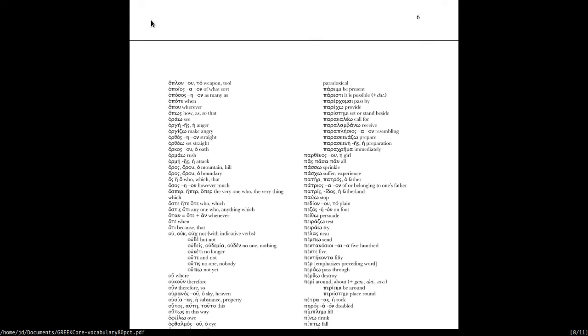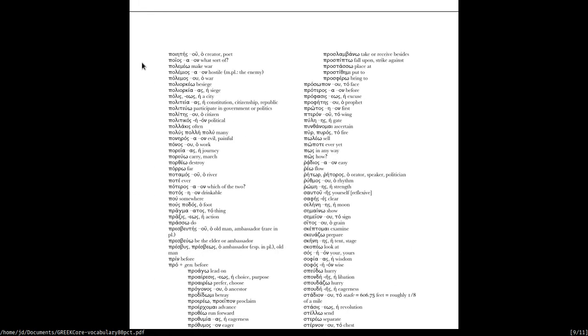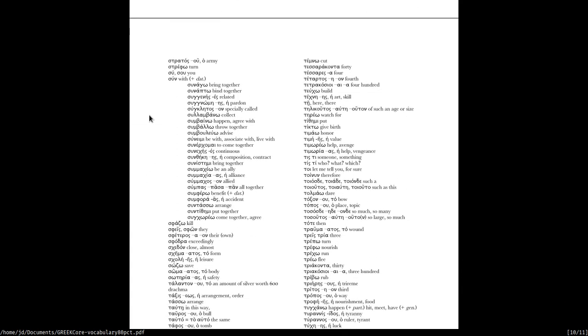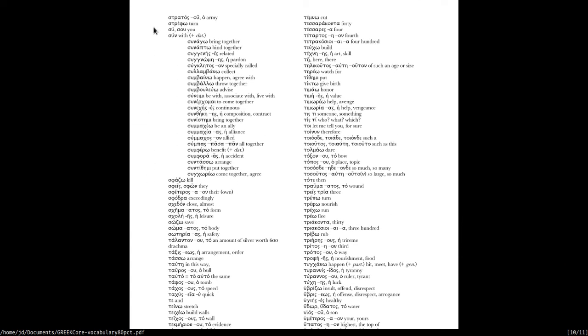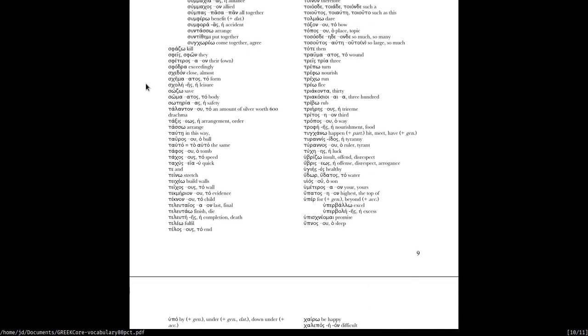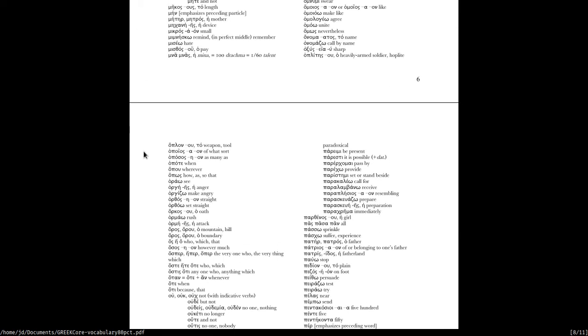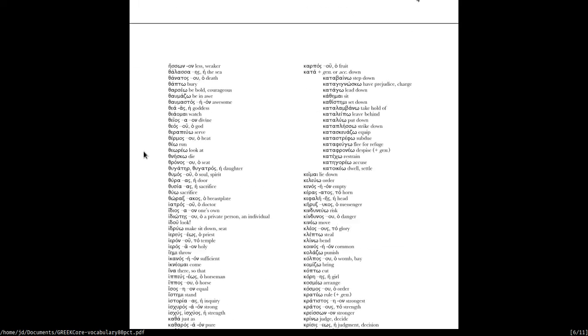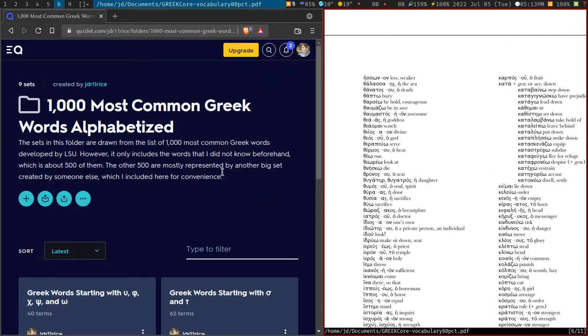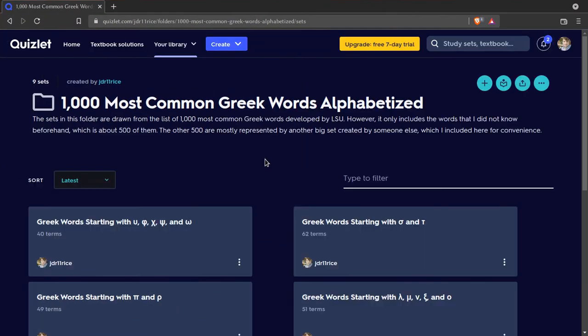But you're probably looking at this list of 1,000 words, and you're thinking, oh my goodness, it would be very boring to write out vocabulary flashcards for all of these words. Probably your hand would be hurting by the end of it. And so you might be thinking, well, if only someone were to put all of these words on Quizlet. Well, guess what? That would be my contribution, because that's what I went in on Quizlet to do.